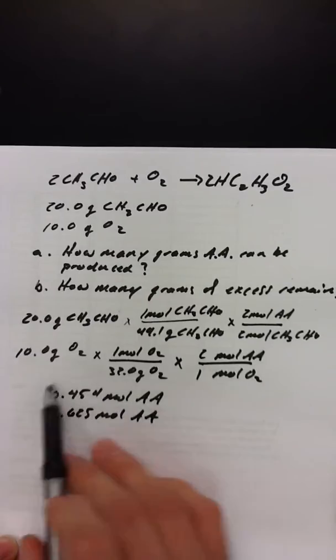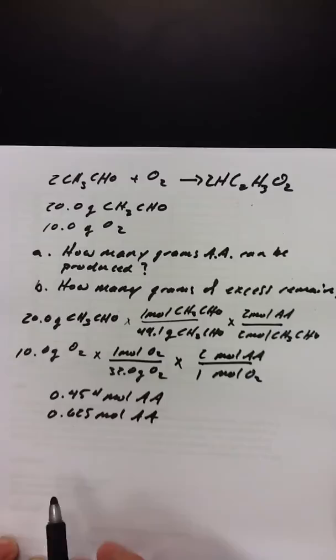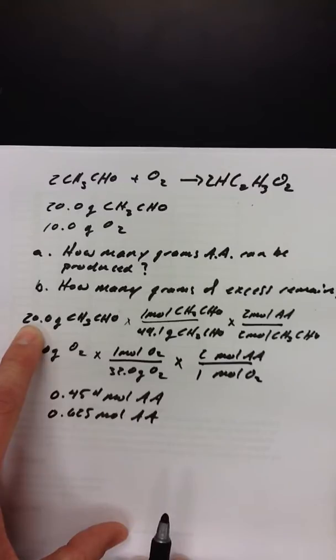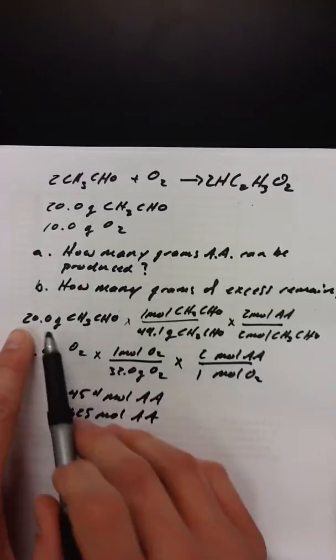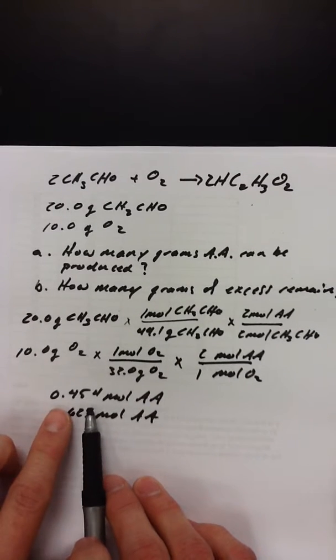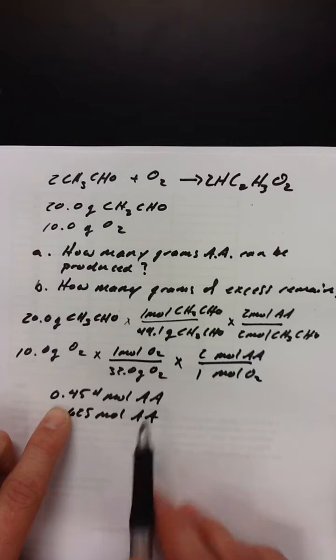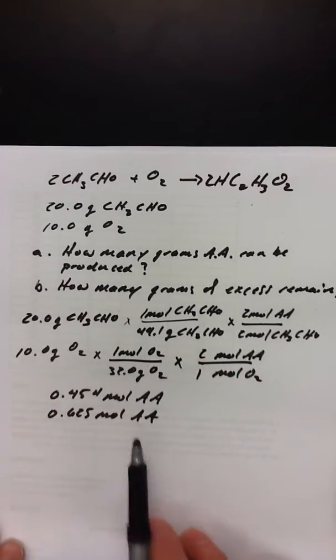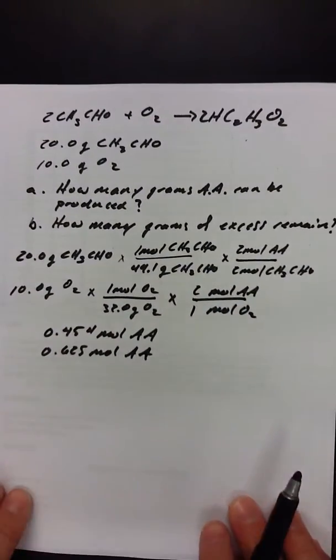It turns out that 0.454 is smaller than 0.625, so we know that the 20 grams of acetaldehyde is our limiting reagent. So we need to continue this calculation. At most we can make 0.454 moles of acetic acid, but we're asked to find grams.